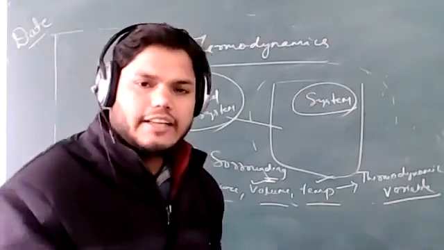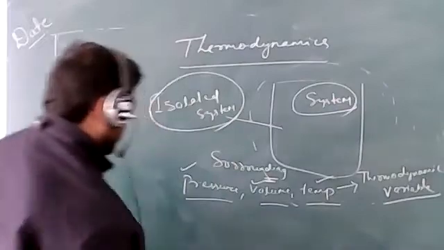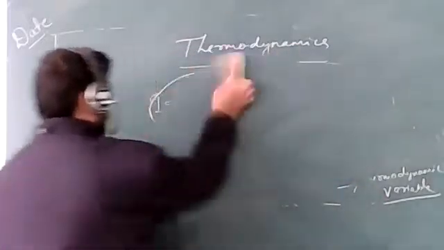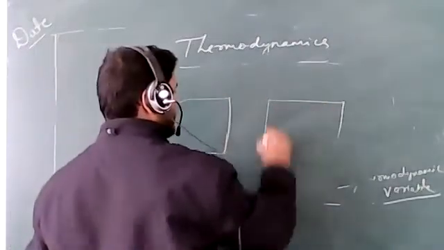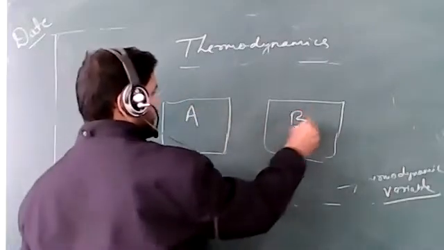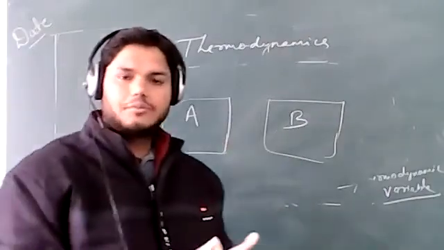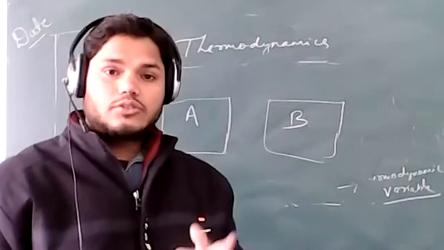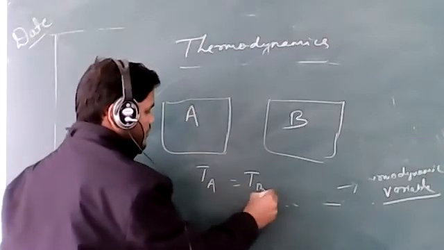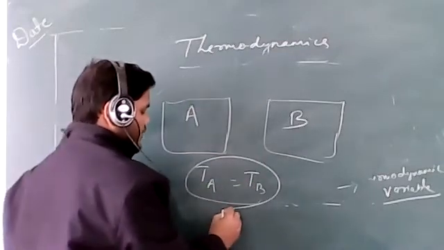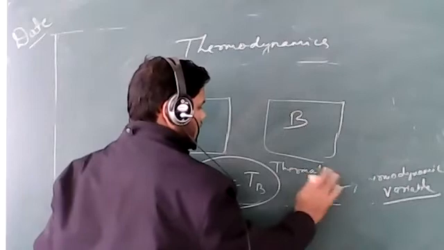Thermal equilibrium, what is the meaning of thermal equilibrium? If we are considering two systems, this is system number A and this is system number B. If the temperature of system A is equal to the temperature of system B, then the systems are said to be in thermal equilibrium.